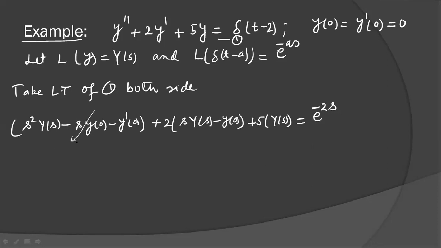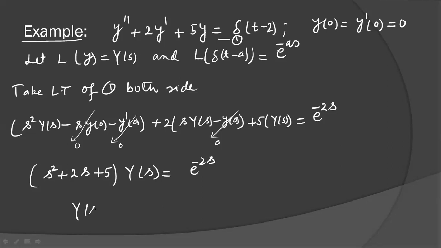You can see that y(0) is given as 0 and y dash(0) is given as 0, so these terms will be 0. Now (s square plus 2s plus 5) Y(s) is equal to e to the power minus 2s. Now Y(s) can be written as e to the power minus 2s over, completing the perfect square, (s plus 1) whole square plus 2 square.